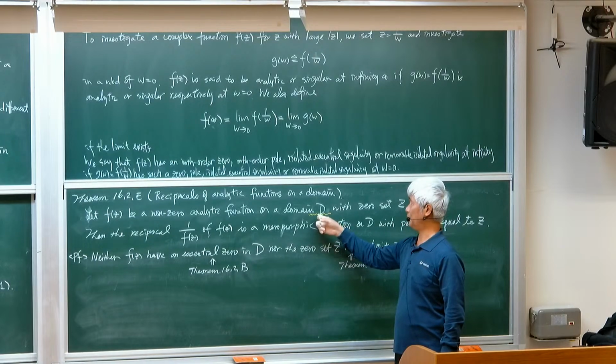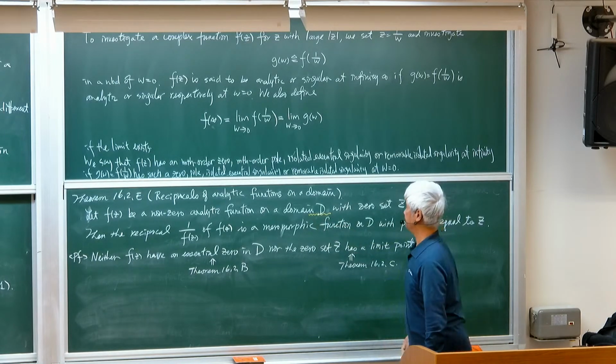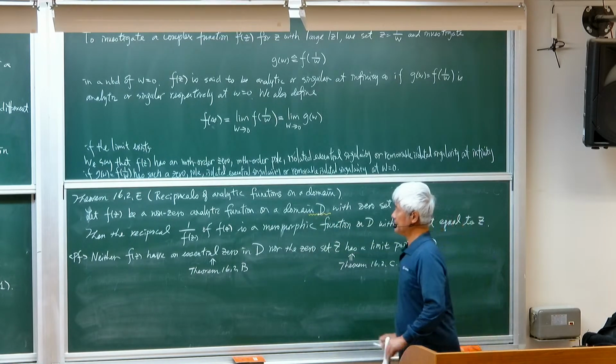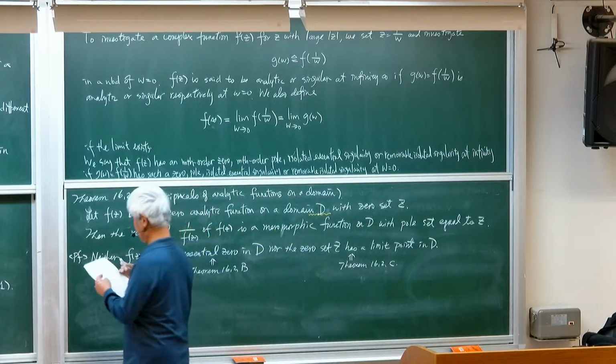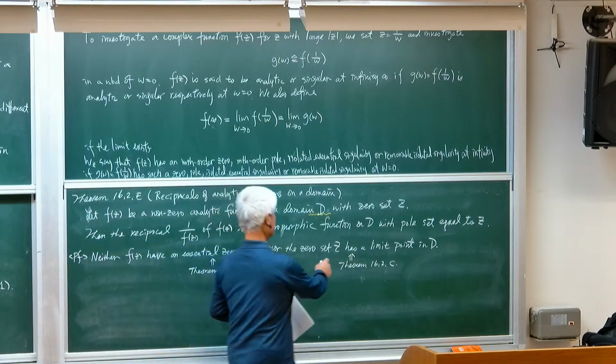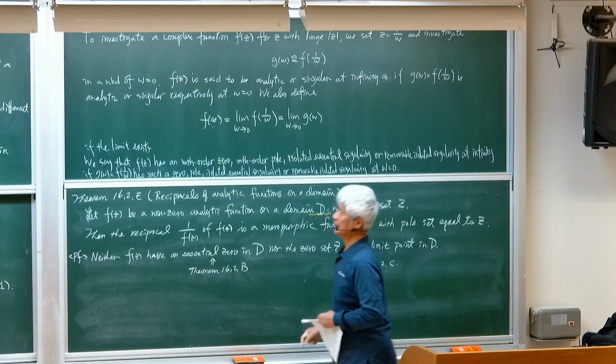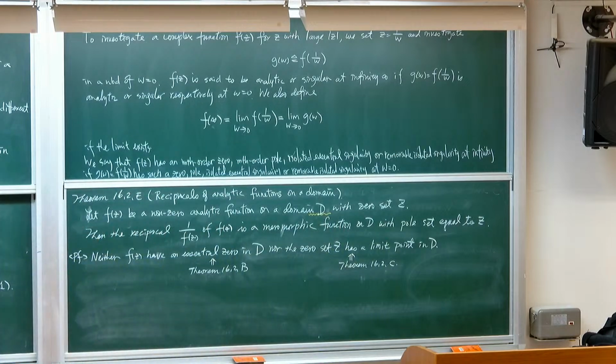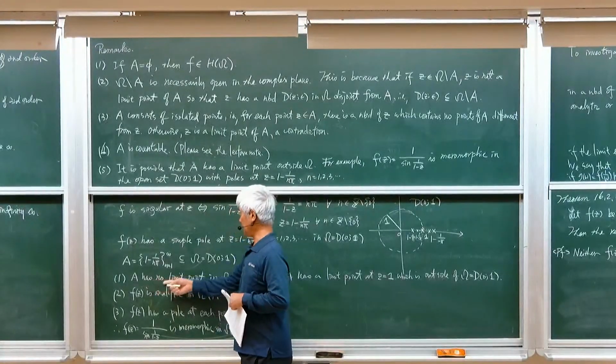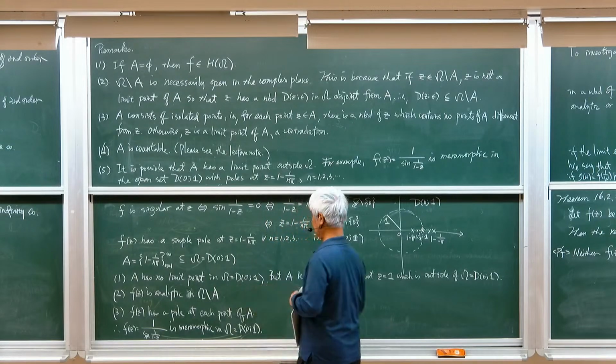So it's very important to know that. So the set Z has no limit point, so the first condition has been satisfied.